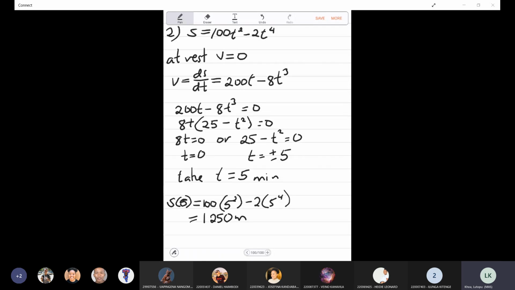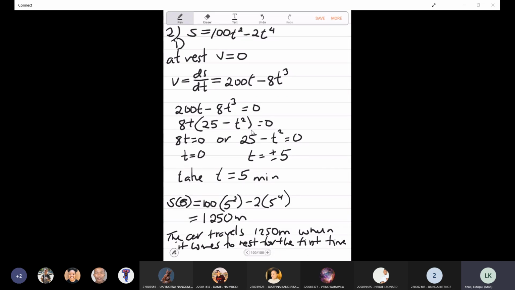So you can also include sentences to answer the questions, since these are word problems. That's also good. The car travels 1,250 meters when it comes to rest for the first time. Okay, so that is that one. That is number 2, part 1.